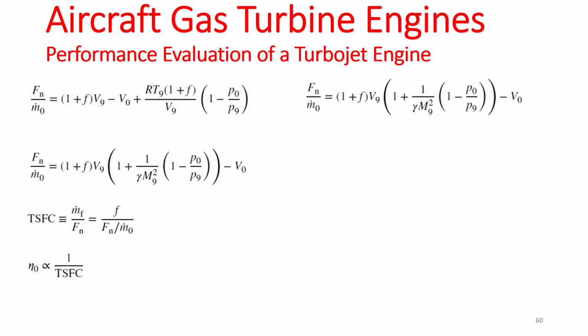We want to use a technique called the marching technique. This essentially means that you start on station 0, and you calculate whatever you can calculate. If you are given the pressure ratio, you calculate the temperature ratio. If you are given the efficiency, you use that to calculate whatever you can. And once you have all the numbers for each station, you move on to the next.